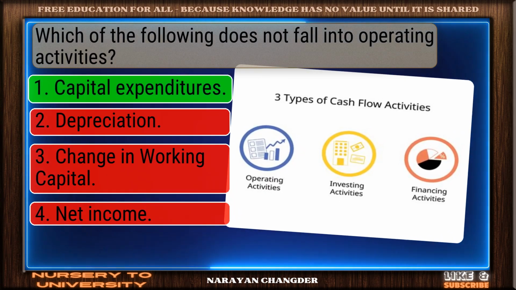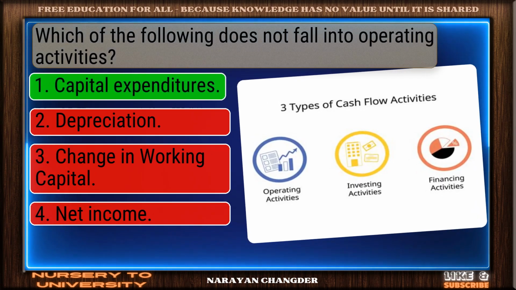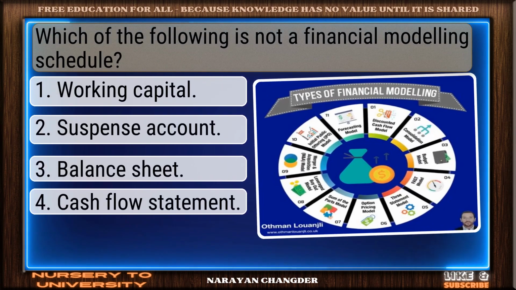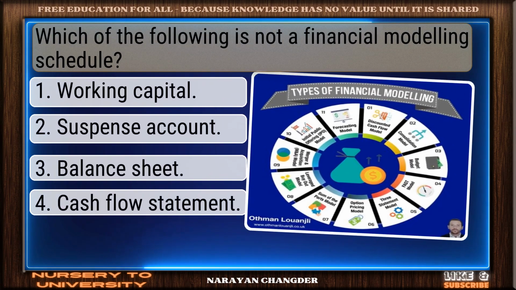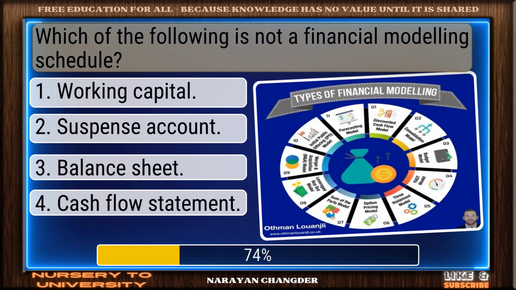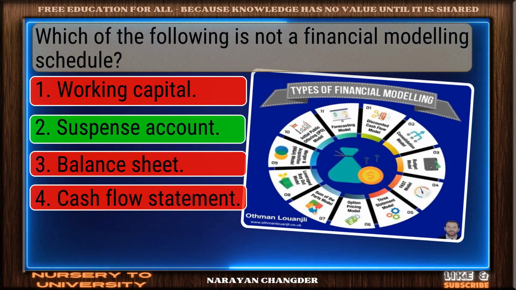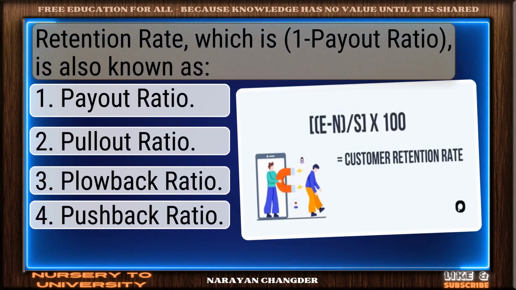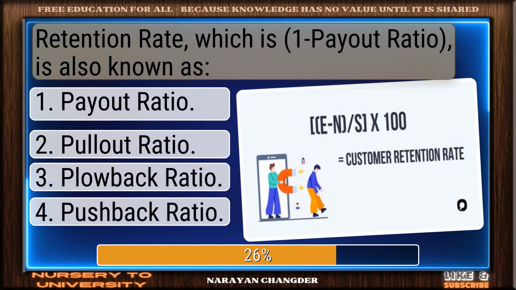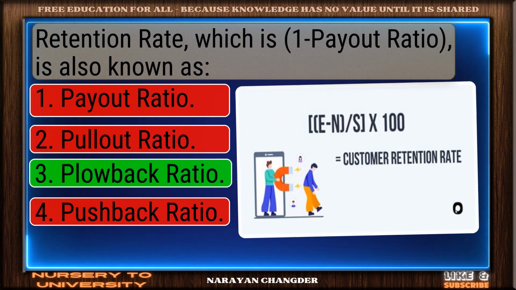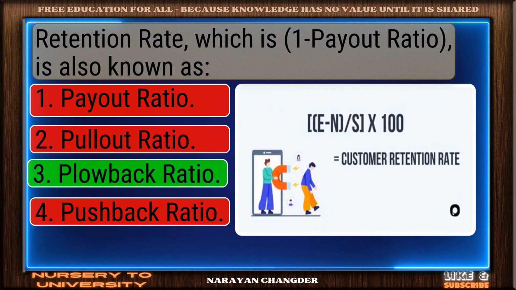Capital expenditures is the correct answer. Which of the following is not a financial modeling schedule? Smart move. Suspense account is an accurate answer. Retention rate is also known as... You chose plowback ratio and it is correct.